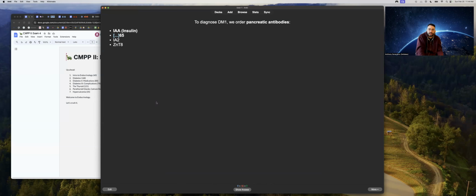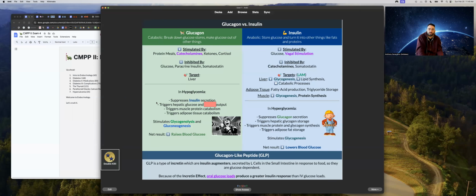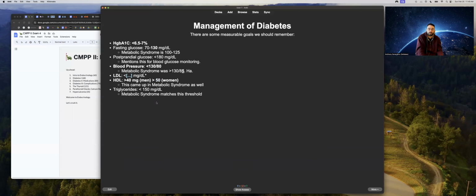GAD 65. 50 in women for HDL. Ketone. LDL less than what? 100.